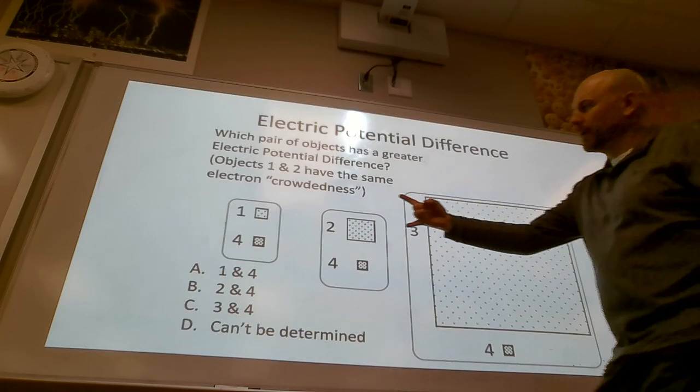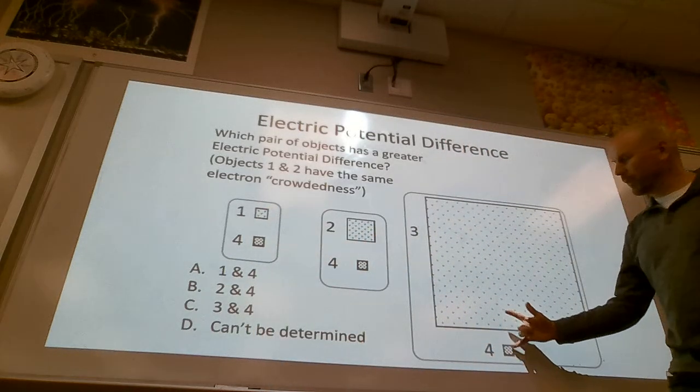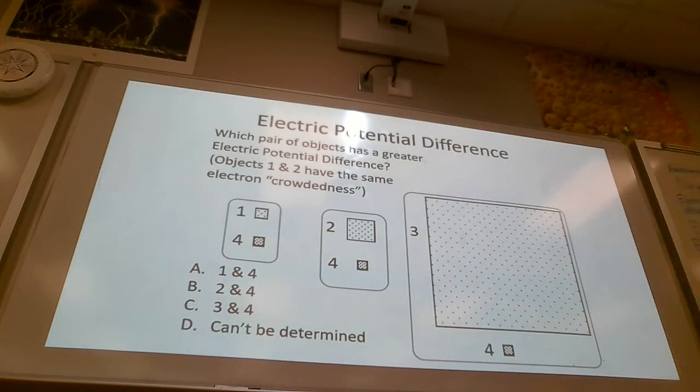Comparison between 4 and 1, between 4 and 2, and 4 and 3. Which one has a bigger difference? Because they're all the same. But it's not the same. No, they're saying 1, 2, and 3 are all the same.